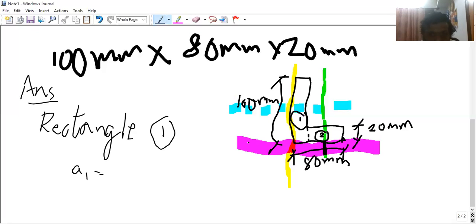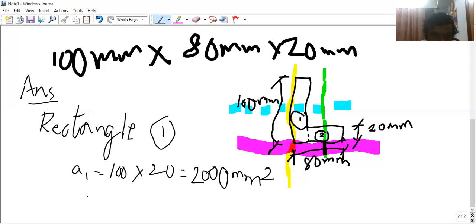A1 equals length 100 and this is 80, and this dimension is 20, this is also 20, so this will also be 20. So A1 is 100 by 20, which will be 2000 mm square, as mm into mm is mm square.